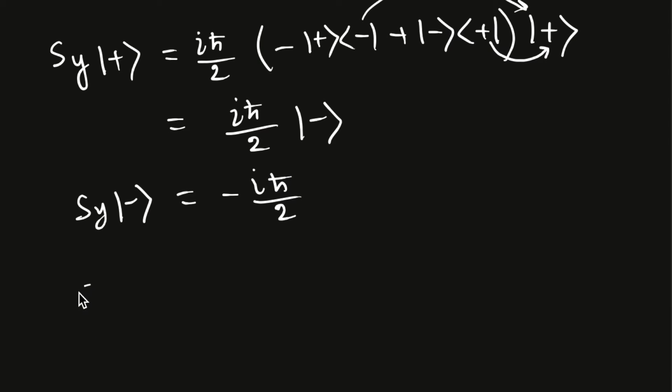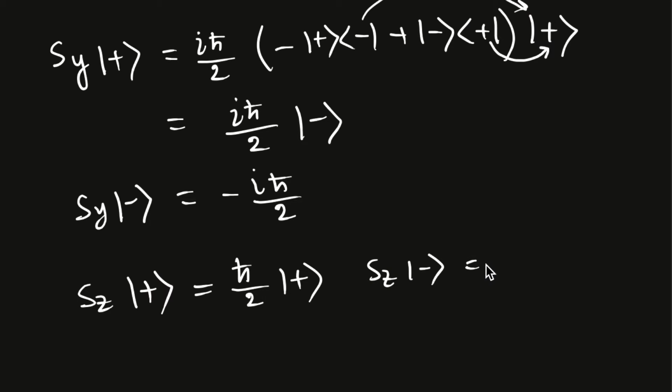And we know that the plus ket is an eigenket of Sz, corresponding eigenvalue is ħ by 2, and Sz minus will be minus ħ by 2 minus.